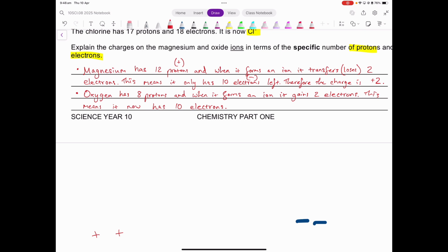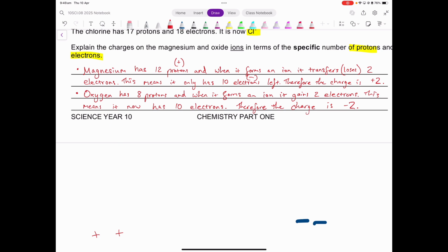Negative 2. Okay, and so therefore the charge is negative 2. Can you just do, if oxygen gains 2, it's going to be the charge of negative 2? Yep. Just do the opposite. If oxygen gains 2 electrons, then it's going to be negative 2.